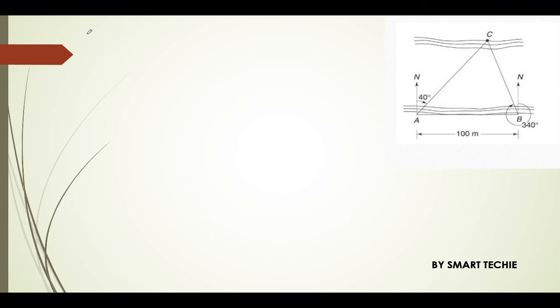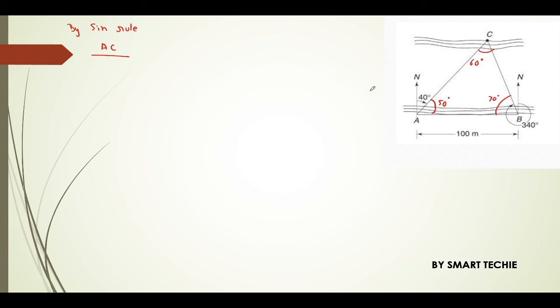By the sine rule I can find at least one distance, that is AC. I have this angle 50, this angle 70 and this angle 60.